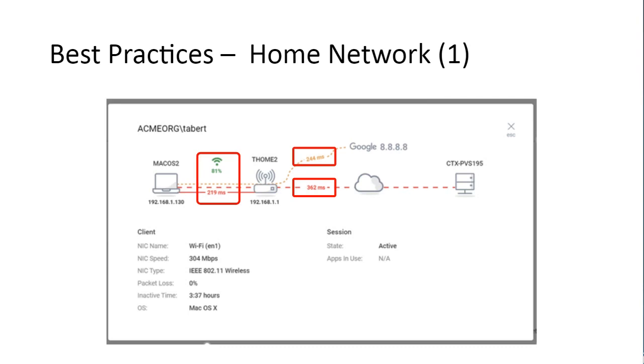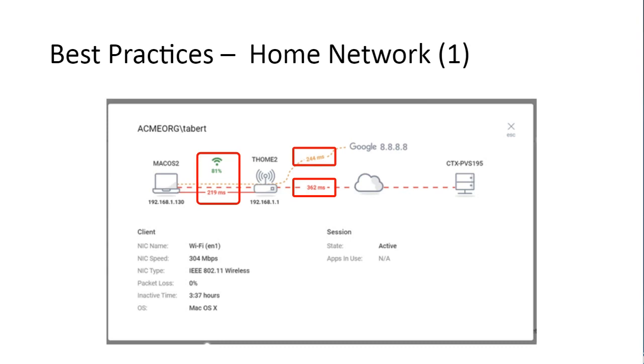You can see this is actually a screenshot from one of the monitoring tools. It does a really good job because it monitors the latency from the device, macOS, to the Wi-Fi router. And this one picks up the signal strength of it. It's 81%, which is good. However, latency is 219 milliseconds.